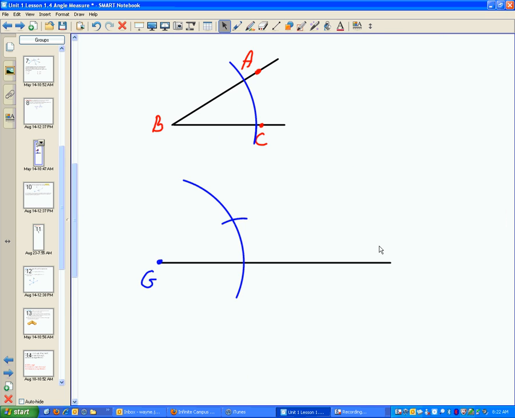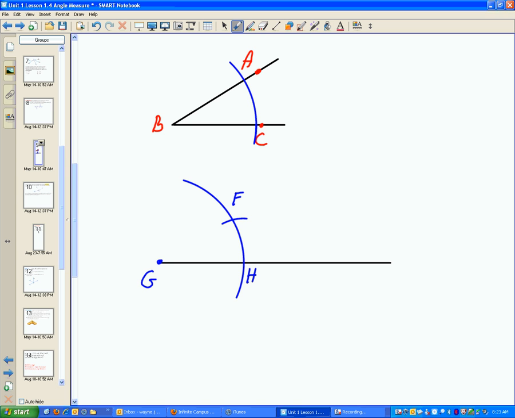All right, everybody's construction looks something like this. All right, now they told us to call this point H, and they said call the point where the arcs intersect here F.